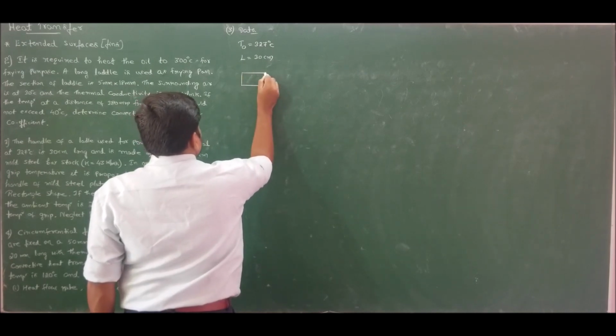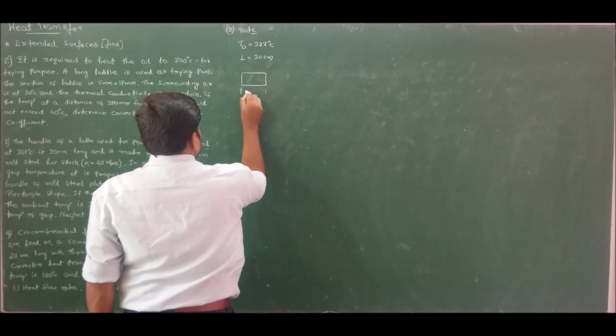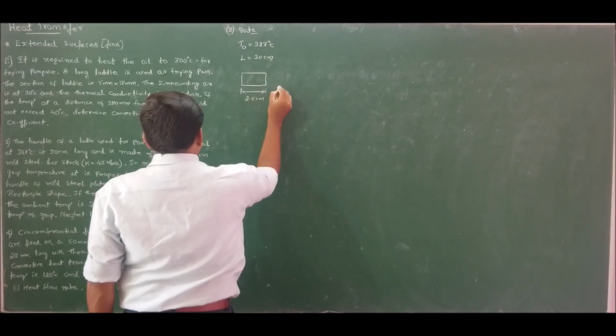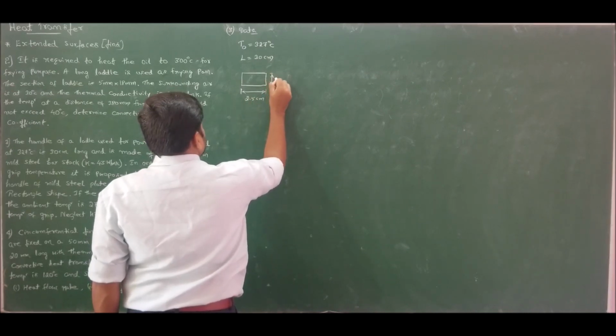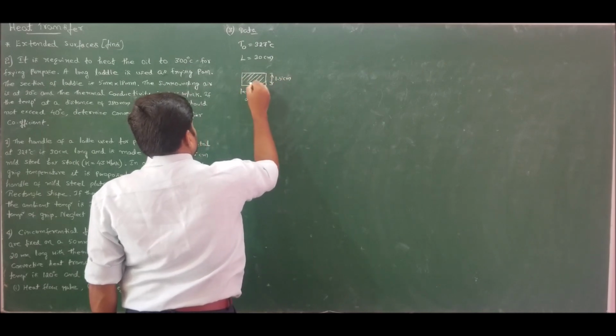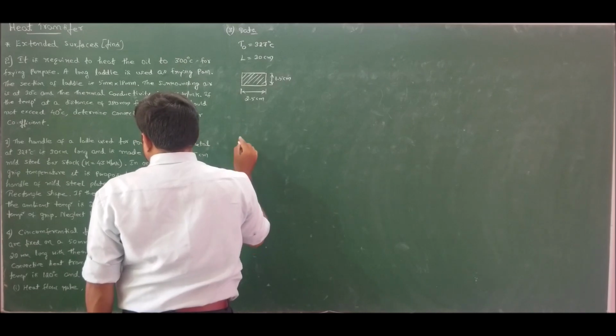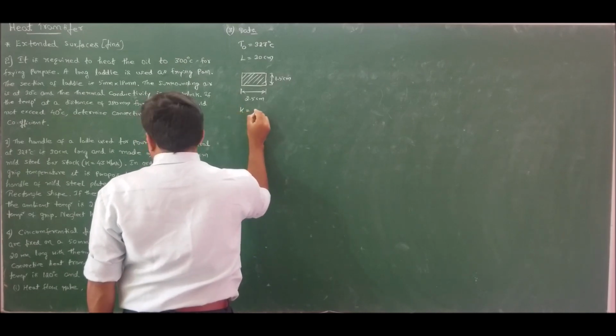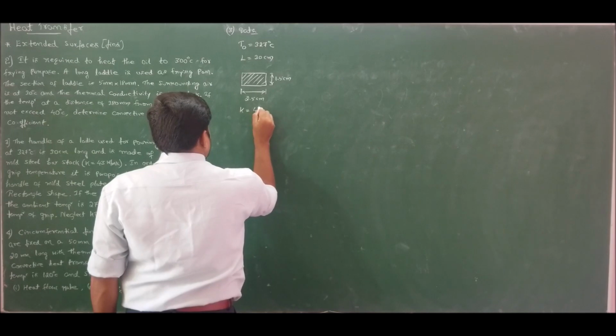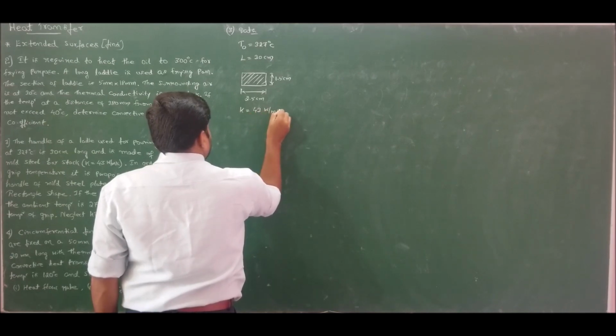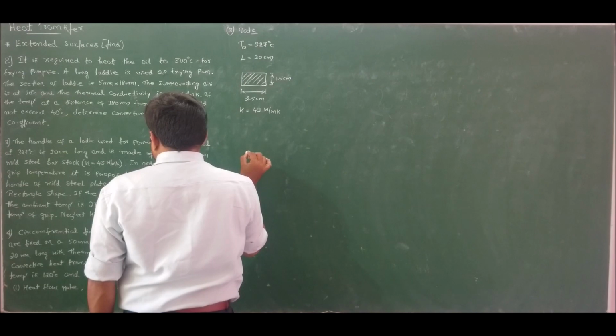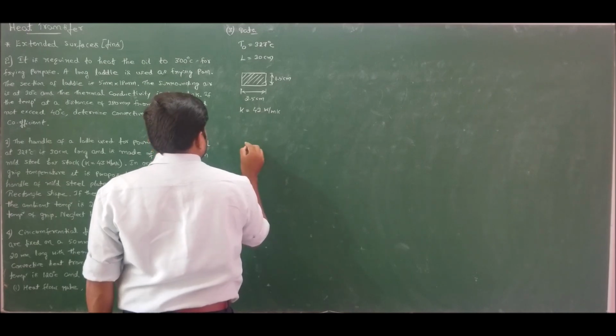So we have a rectangular cross section for case 1, which is 2.5 centimeter cross 1.5 centimeter, which is a solid, and thermal conductivity is also specified, which is 43 watt per meter Kelvin. In order to reduce the grip temperature, it is proposed to make a hollow handle of mild steel plate of 0.15 cm thick to the same rectangular shape.